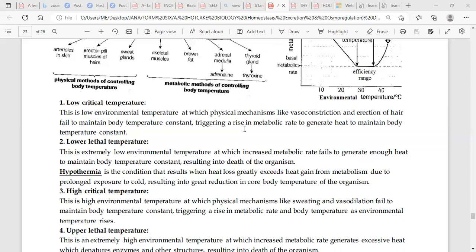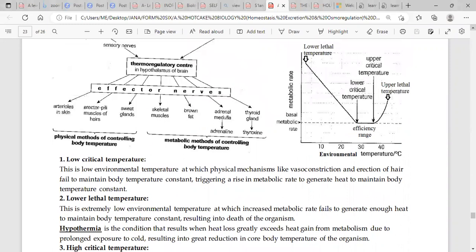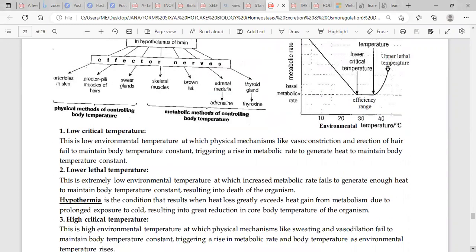But a point reaches when there is a great reduction in core body temperature of an organism, and this organism cannot survive. So it results in death. Now, when you look at our graph, we have what we call the high or the upper critical temperature. Now, the upper critical temperature is when temperature is increasing.